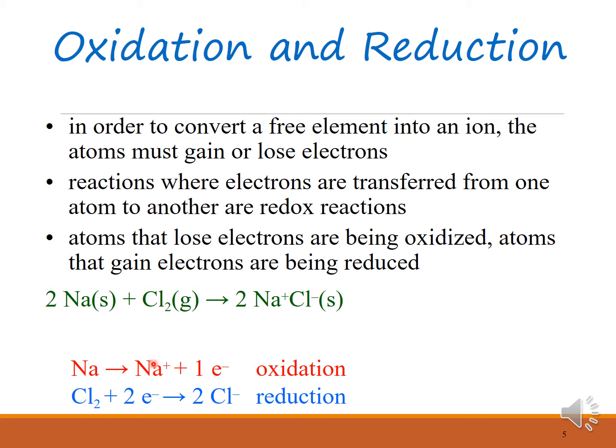Or turning of any element into an anion, here Cl2 turning into chloride ions carrying a -1 charge, means reduction is happening with Cl2. So when any atom is acquiring a positive charge, it is undergoing oxidation. If any element is acquiring a negative charge, it is undergoing reduction.